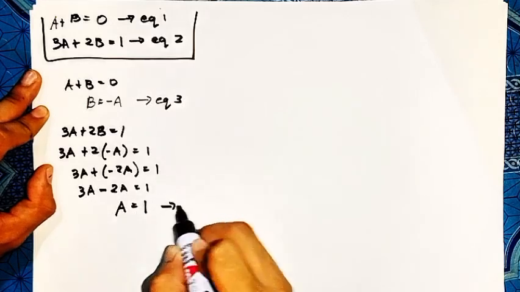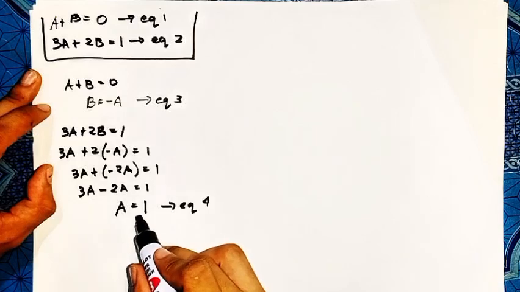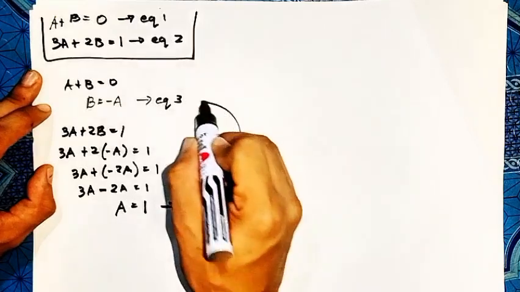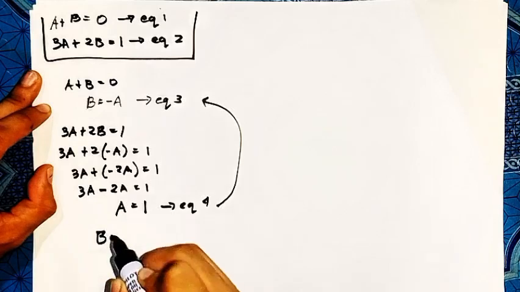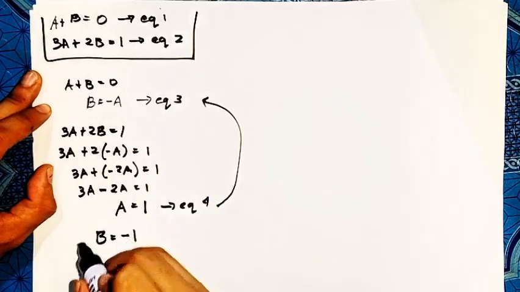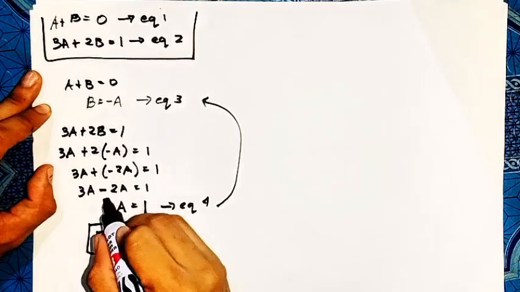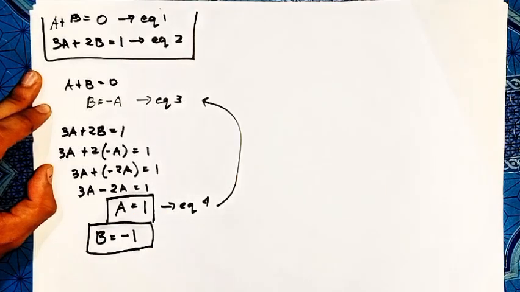This is the value of A, our equation 4. Let's substitute the value of A into equation 3. So B now is equal to negative, since the value of A is 1, negative 1. So A is equal to 1 and B is equal to negative 1.